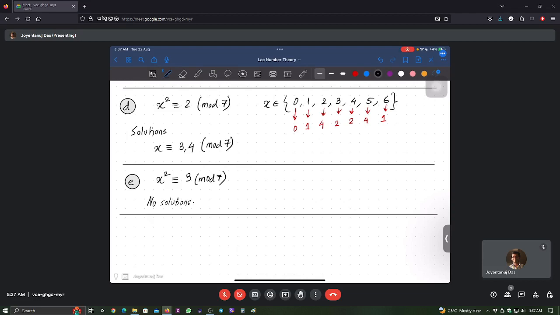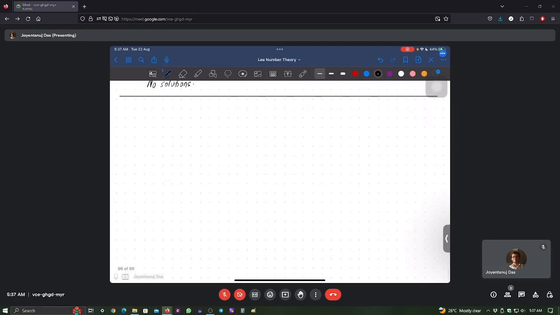Okay. So the next problem, problem 4, part A. It says prove that the following divisibility test works.